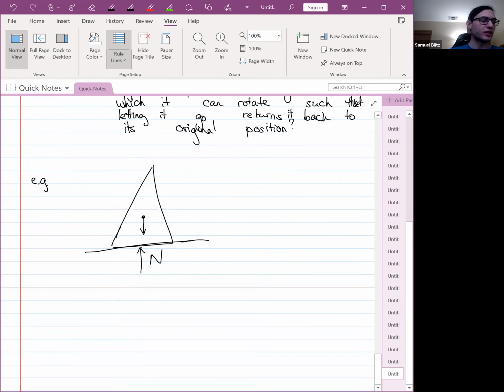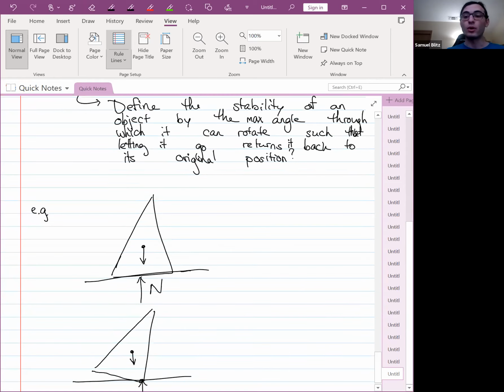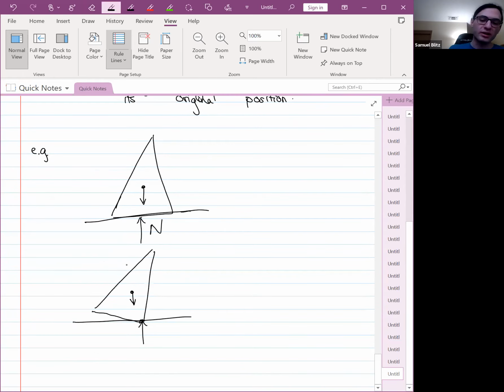And if we tilt the thing just a little bit, so that only this part's touching, you still have your center of mass, but now the normal force is here. This would be an example of a stable equilibrium because you can rotate it, and we know from experience that the thing's just going to fall back into place. It will rotate back into its original condition.